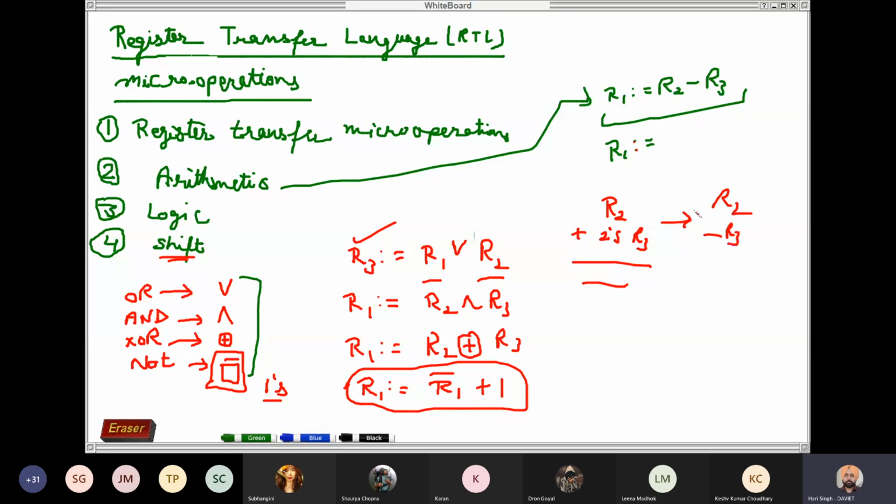To perform subtraction with the help of an adder circuit, we use the 2's complement method. So RTL notation of subtract operation can also be like R2 plus R3 1's complement plus increment 1. So this is also representing subtract operation.